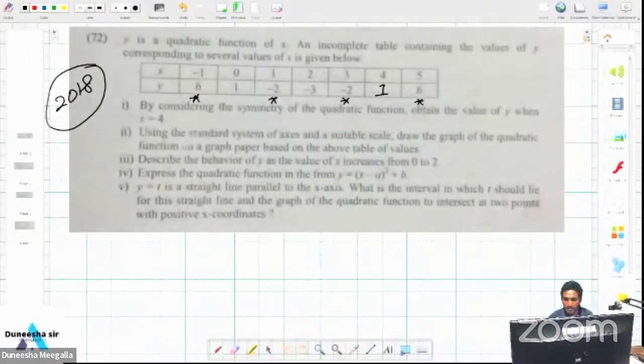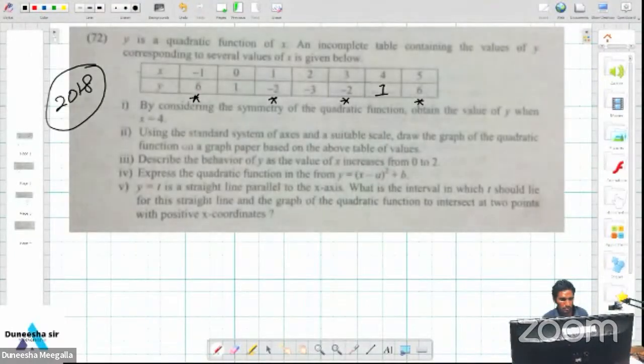Then what are the questions in our 2018 question?